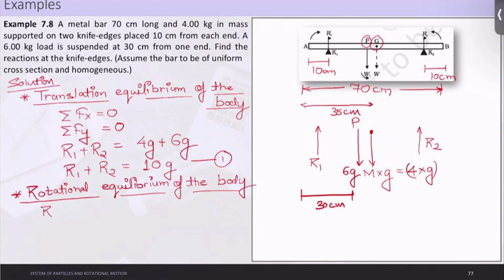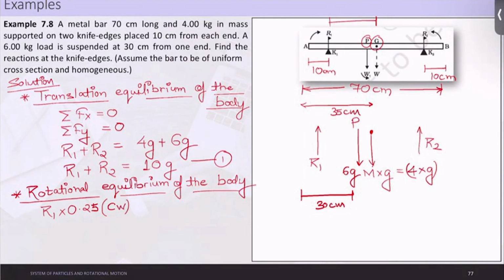It will be R1 into this distance. As it is 10 and as it is 35, this distance will be equal to 25. Let me write those in terms of meters. It's R1 into 0.25. In which sense? This is your clockwise.